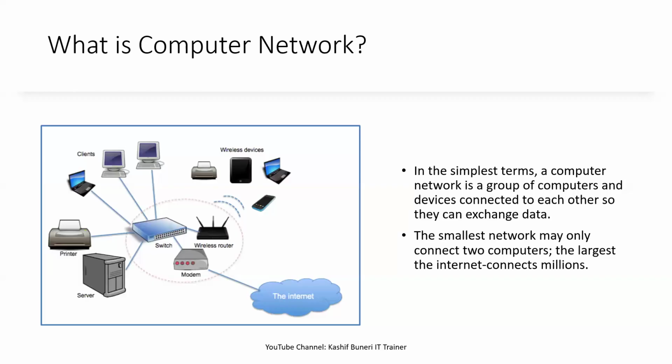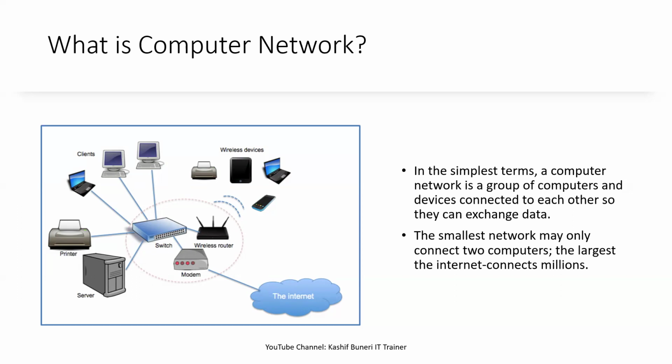Let's say you have two machines, and you have some data available on one machine, and you share the folder on that machine and access that folder from the other machine. So this process is also called computer networking. The smallest network may only connect two computers.